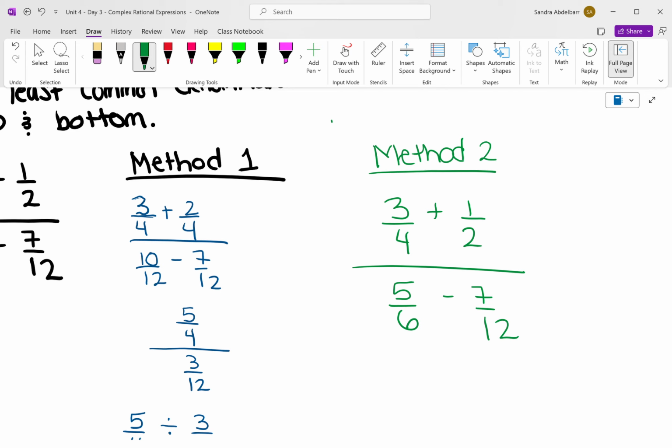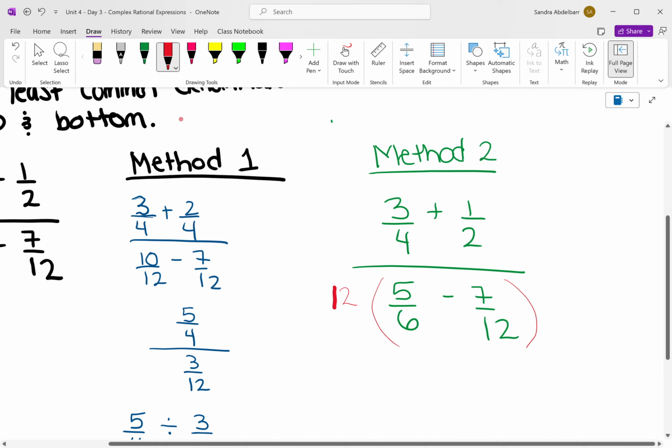But what number are we going to choose? You're going to look at all of the denominators. And you're going to choose what would be the common denominator for all of the denominators. So 4, 2, 6, 12. What is the common denominator for 4, 2, 6, 12? 12. So what's going to happen is we are going to multiply the bottom of the fraction bar by 12 and on top of the fraction bar by 12.